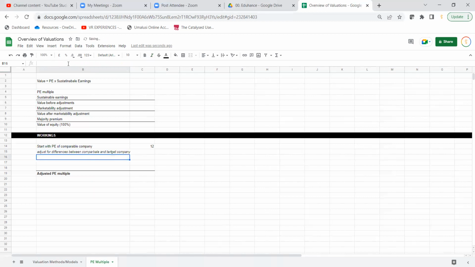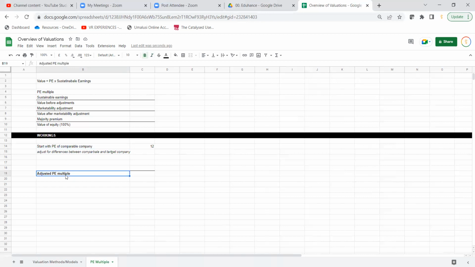Why is this important? Because they may give you information that is general, meaning it applies to everybody, all companies in that industry. So if some event impacts every company in the industry, you can't have it as an adjustment over here, because it's not a difference between the comparable and us.